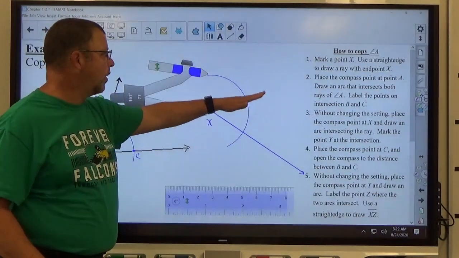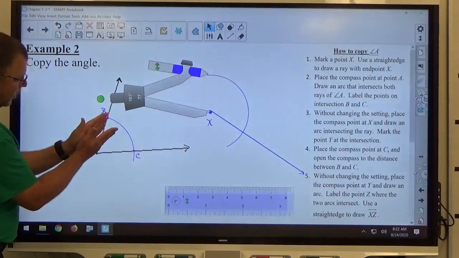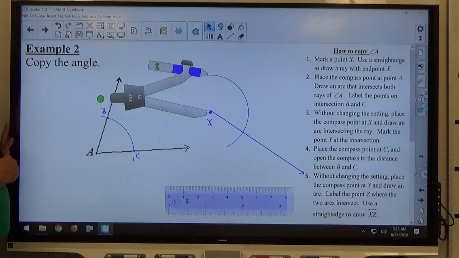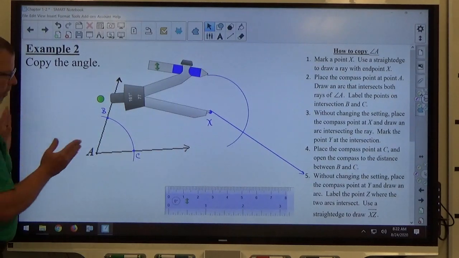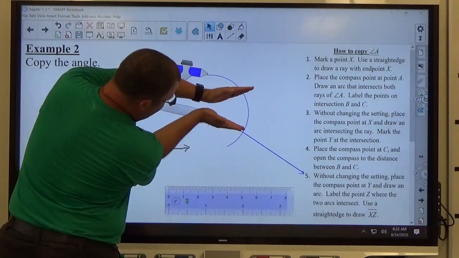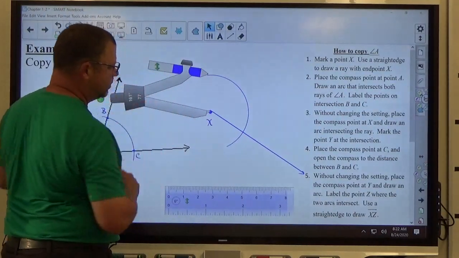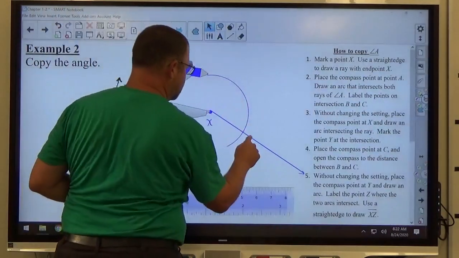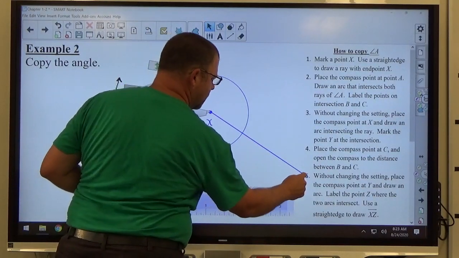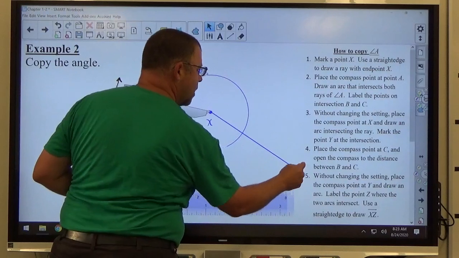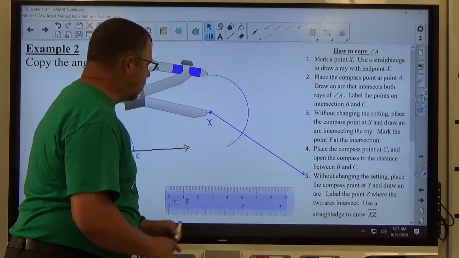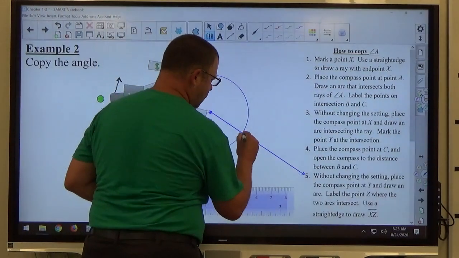I want to go far enough around to make it at least as big as this arc here. Looking at this angle, it's an acute angle, right? So kind of visualize, that's what we want to have happening there. Okay, and I want to mark the point of intersection of the arc and the ray that I have as point Y.